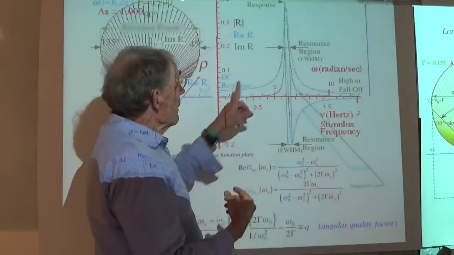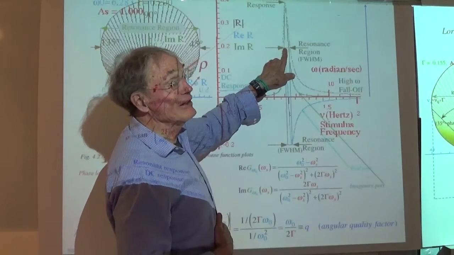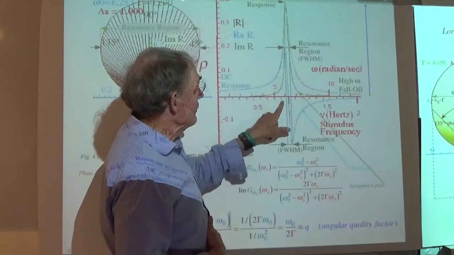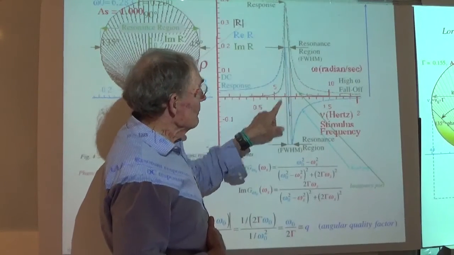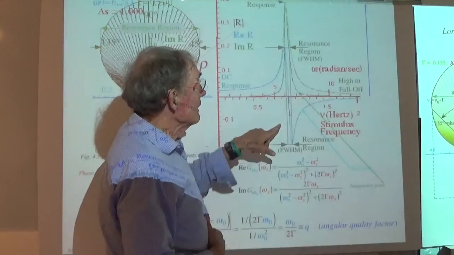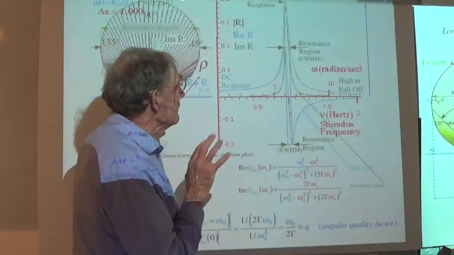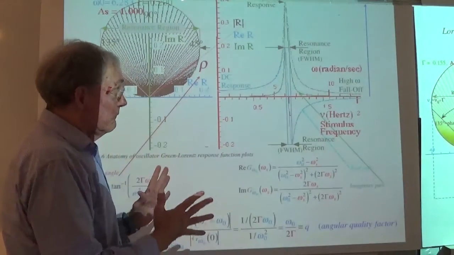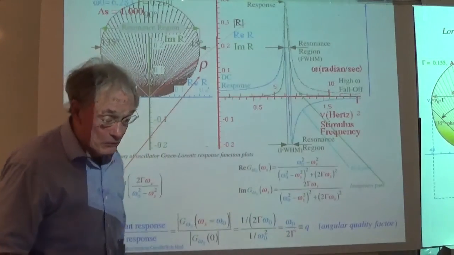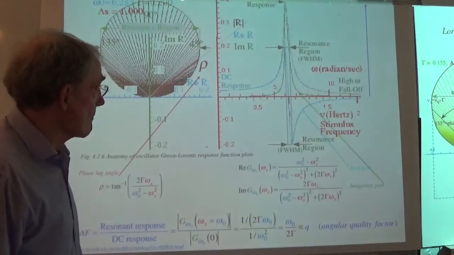But I'm going to give you a problem to find out where is the maximum of this function, and it isn't quite at omega minus gamma, or the minimum of this one isn't quite at omega plus gamma. Not quite. There's just a little bit of shift there. I think it goes to 0 as we approach a gamma very small. Okay.